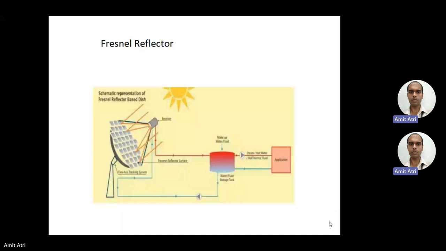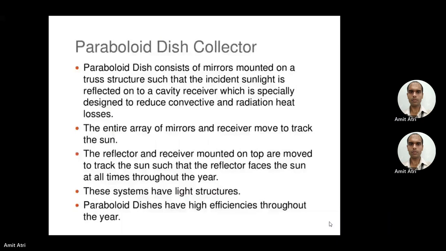Now coming to the next part, the paraboloid dish collector. The paraboloid dish consists of mirrors mounted on a truss structure such that the incident light is reflected to a cavity receiver, which is specially designed to reduce convective and radiation heat loss. Here, what is the main difference? The paraboloid dish is there.